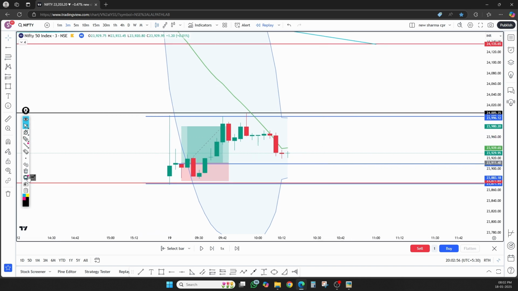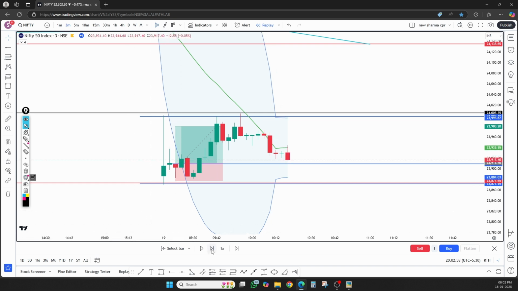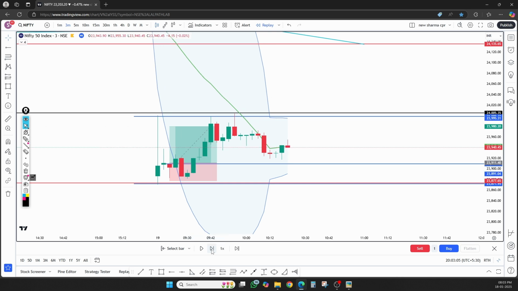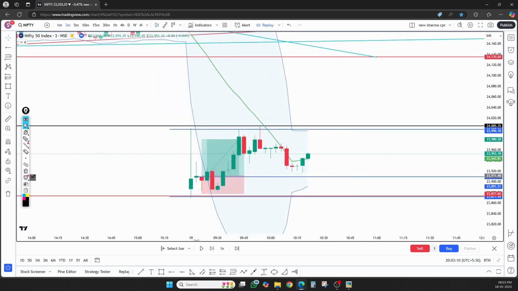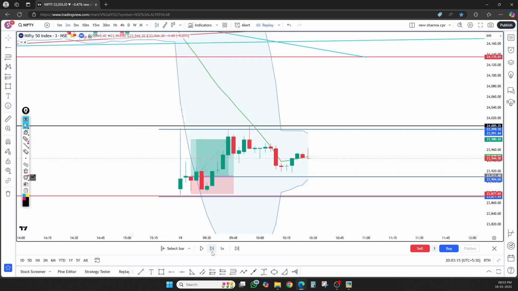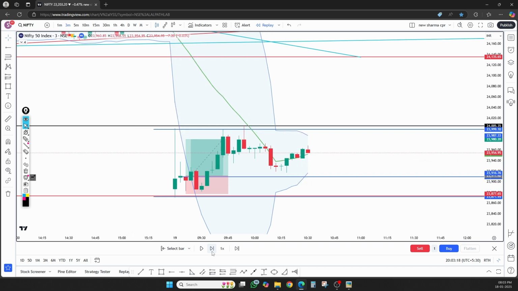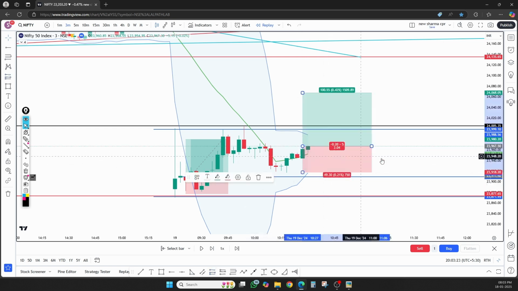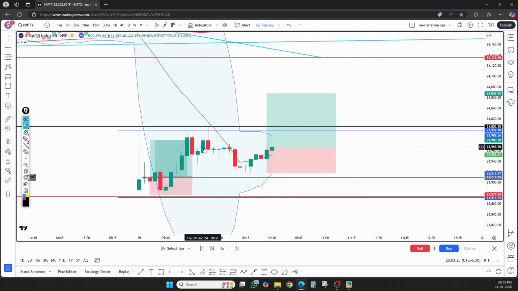Okay, the hammer is still valid pattern-wise. Okay, so here you can take one more candle. Okay, so here we can take a trade. Two things can happen.